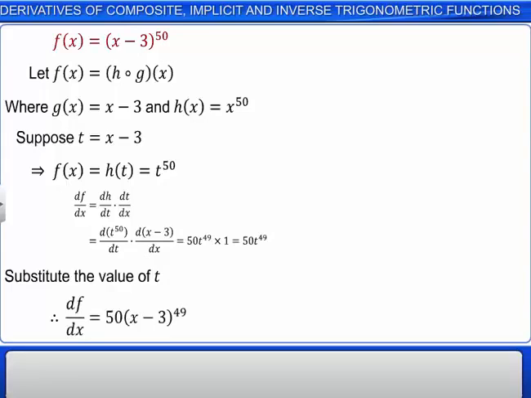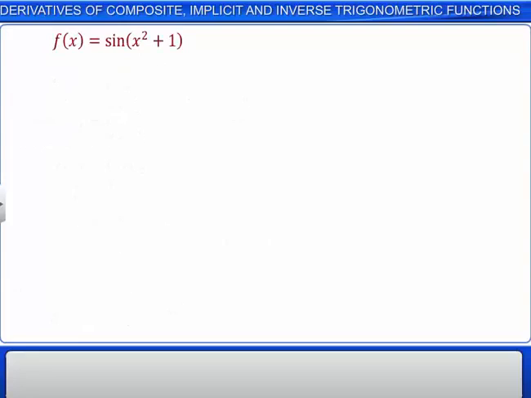Let's now find the derivative of another function, f of x is equal to sine of (x squared plus 1), by using the chain rule. Clearly, f of x is a composite function involving a trigonometric function and an algebraic function.